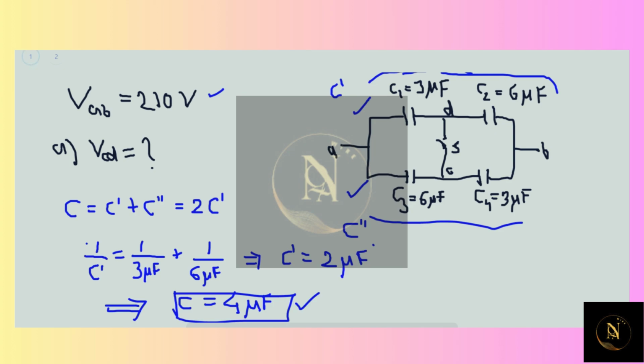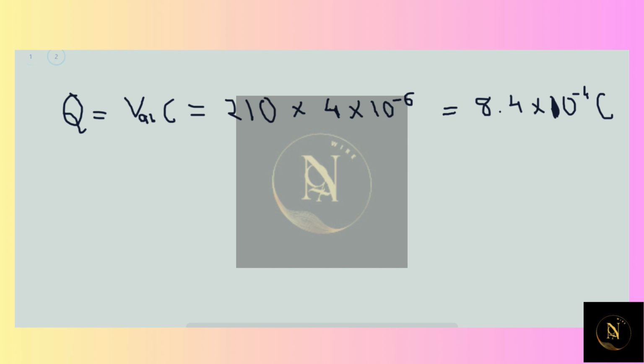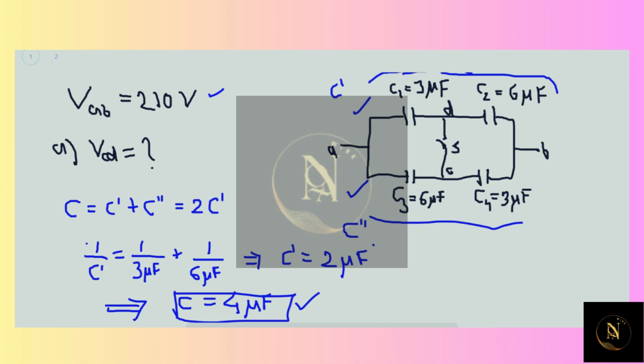And if you want to find the charge in each branch, the net charge divides like this. We have the charge in the upper branch, Q prime, plus the charge in the lower branch, Q double prime. The net charge is going to divide in two branches.